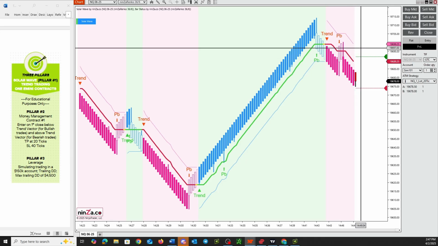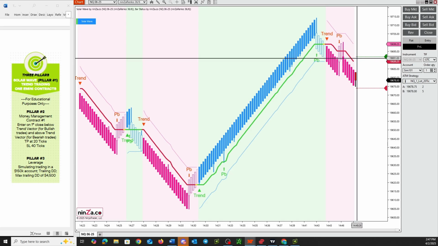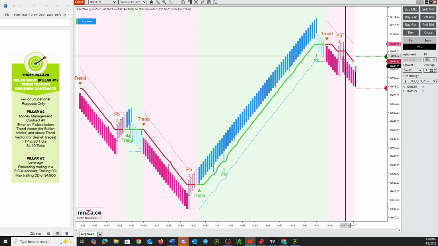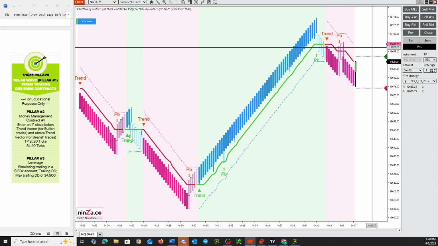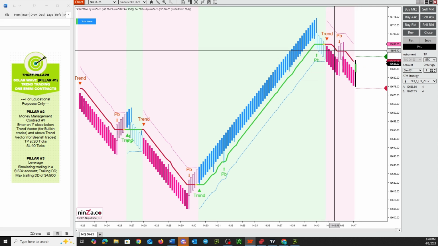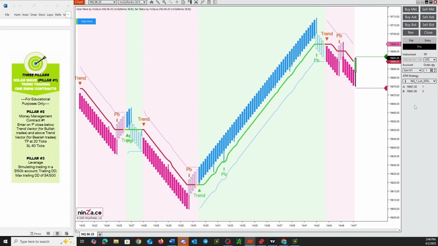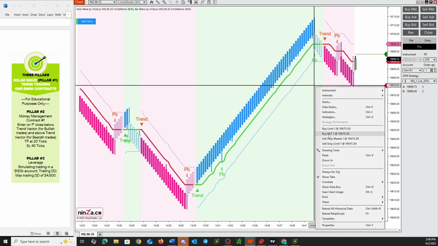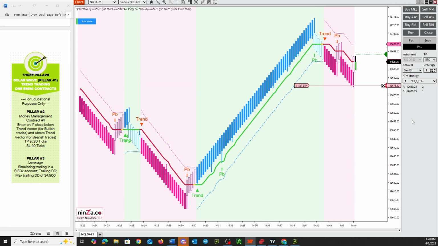But any subsequent pullbacks, as long as we stay in the right color, I prefer, it's just a personal preference, and again, I haven't tested this, I prefer taking the down close after this right here is triggered. So like right here, if it closes down, we'll try to get 13 ticks.